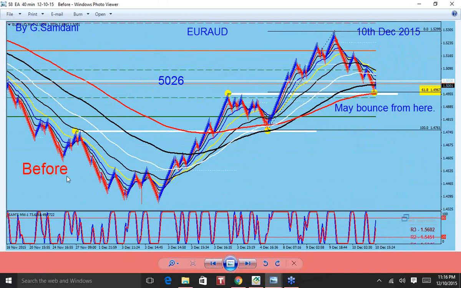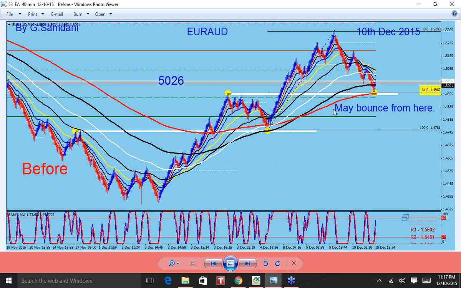When you subscribe, you get these charts as a heads up in the email. As a before chart, you can clearly see what happened here: the price went above it, came back, tested this high, and then bounced. You can see how far it went, and then it did the same thing from here and came back. This 168%. All in all, I made this chart and sent it out.